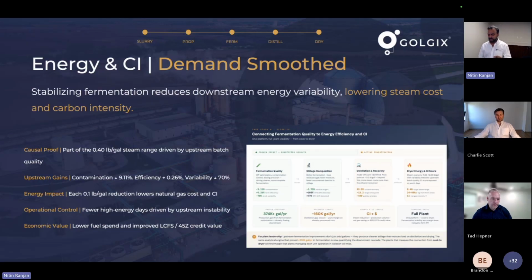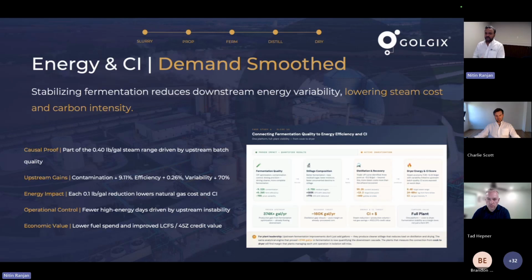And we have quantified in this entire five case study approach that we saw contamination reduction by 9%. We saw variability in your output gallons reduced by about 70%, where the swings are not happening anymore by reducing that contamination.